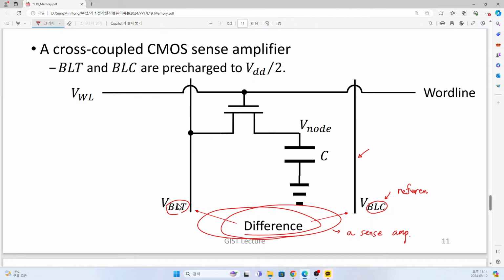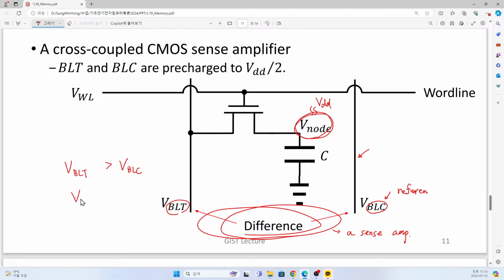For example, if BLT is higher than BLC, it suggests that our previous node voltage was maybe close to VDD.